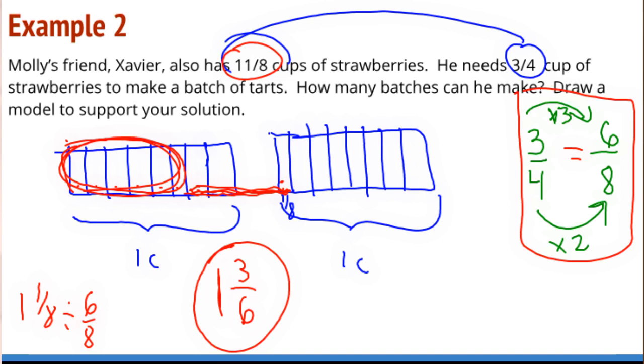Now, 1 and 1/8 is the same as 9/8. So I've got 9/8 divided by 6/8, and I could turn this into unit form.